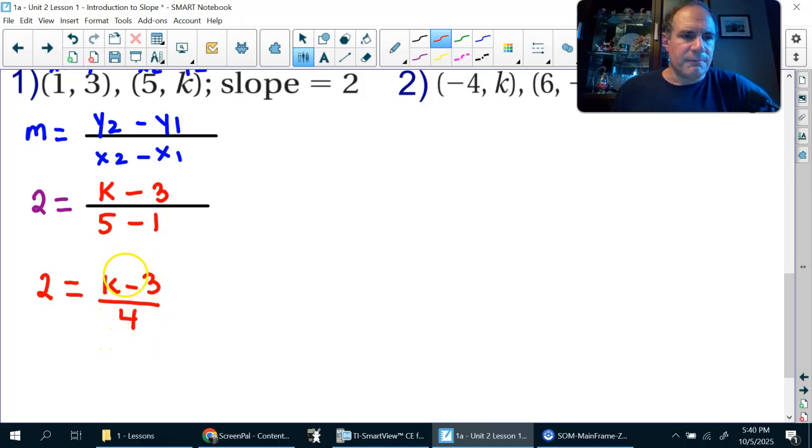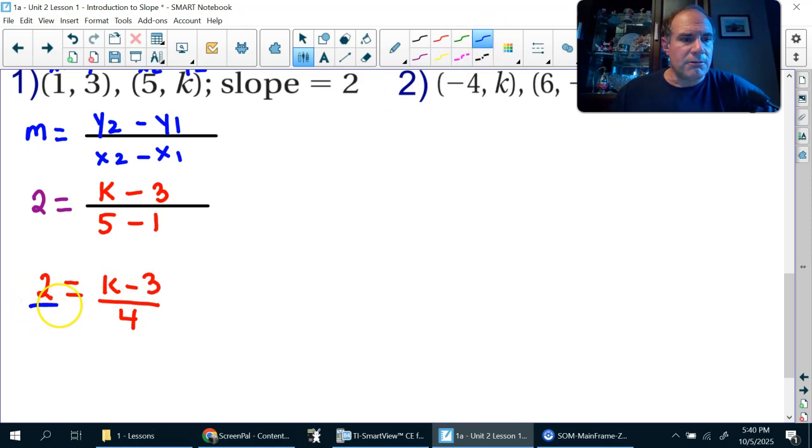There's a couple different ways that you could do this. Just realize that it has to equal 2. So the top has to be 8. 8 divided by 4 is 2. So you could figure it out that way. What number would k have to be for this to be 8? And that's pretty easy to figure out.